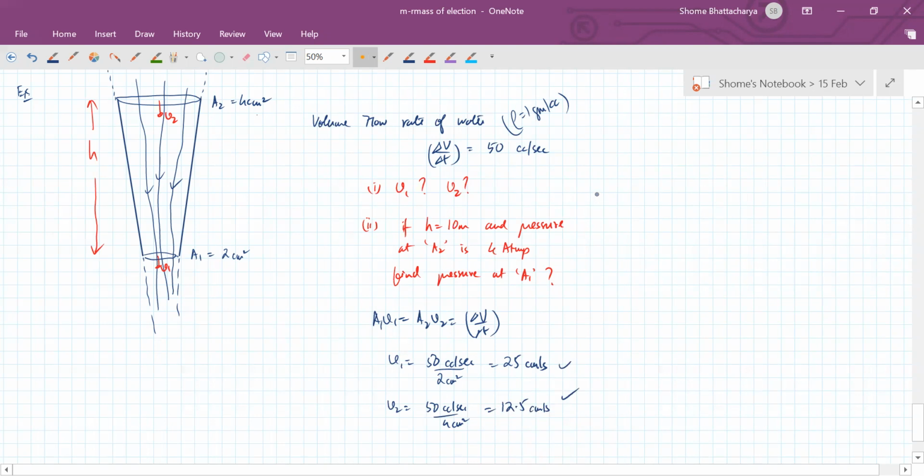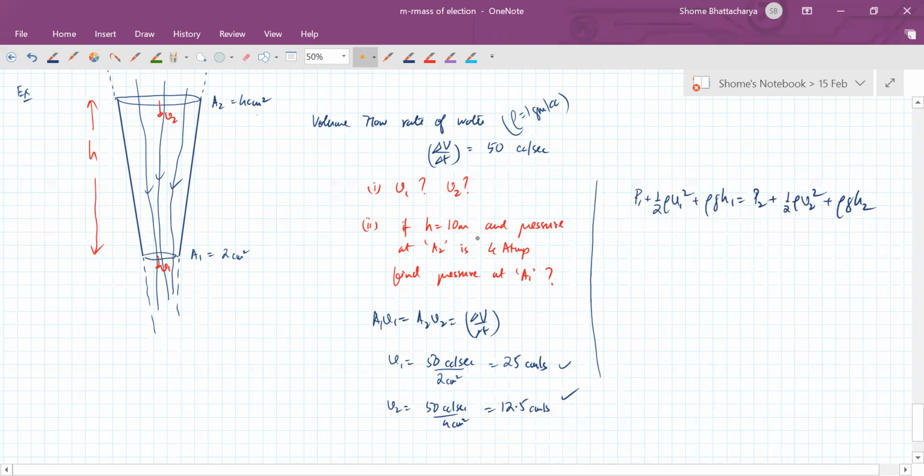Now next we will apply Bernoulli's equation. So we can see that P1 plus half rho V1 square plus rho g H1 should be equal to P2 plus half rho V2 square plus rho g H2.